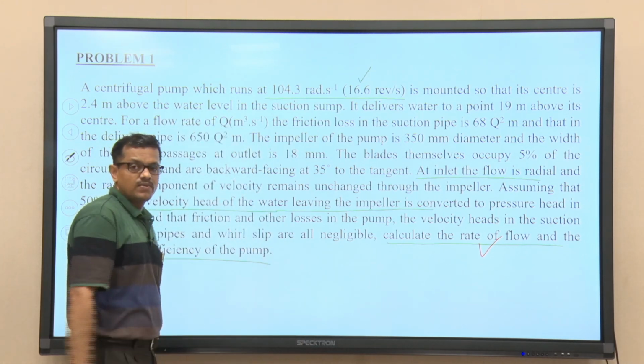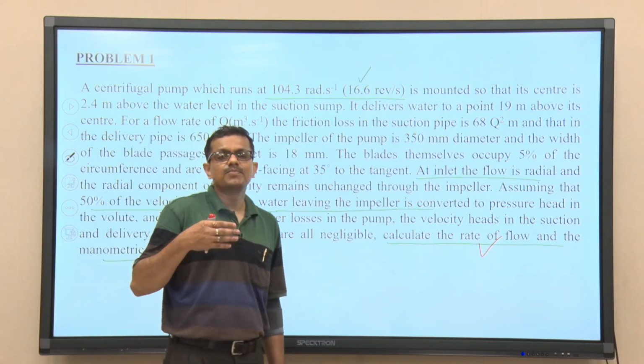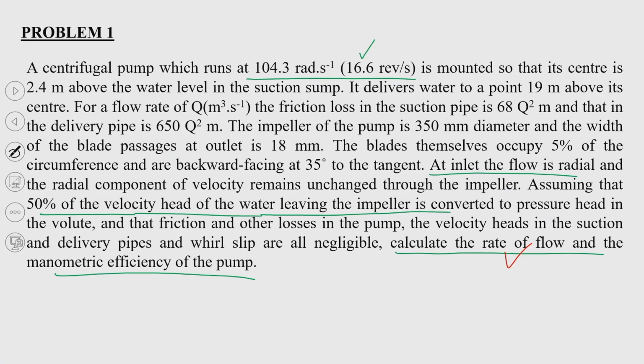From this particular problem we also had to recapitulate the pumping system, suction pipe, static height in the suction line, static height in the delivery line, also the frictional losses in the suction and delivery pipe. And what is important, we also had to recall the Euler equation which is used to predict the head that will be developed by a pump, and that head is not the actual head, rather it is the ideal head.